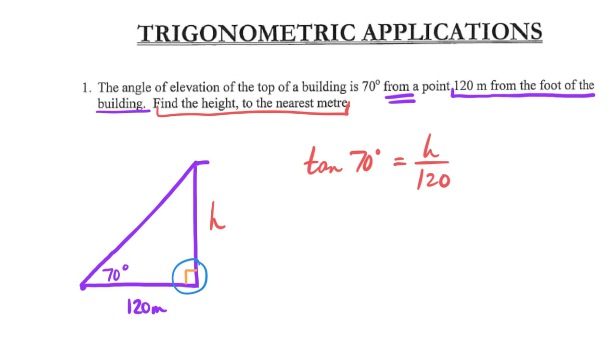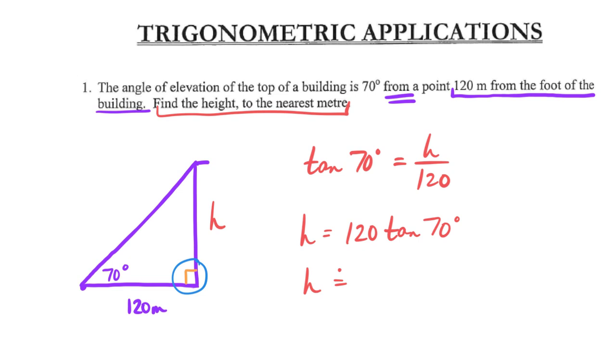You should be quite comfortable to show me the exact height of the building, 120 tan 70. Then we're going to push some buttons and get an approximate for it. The problem says find the height to the nearest meter. So this is the only time I round. I'm going to round to no decimal places.